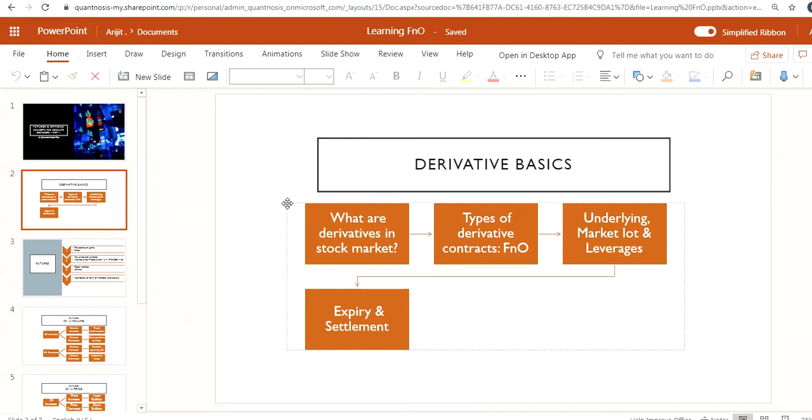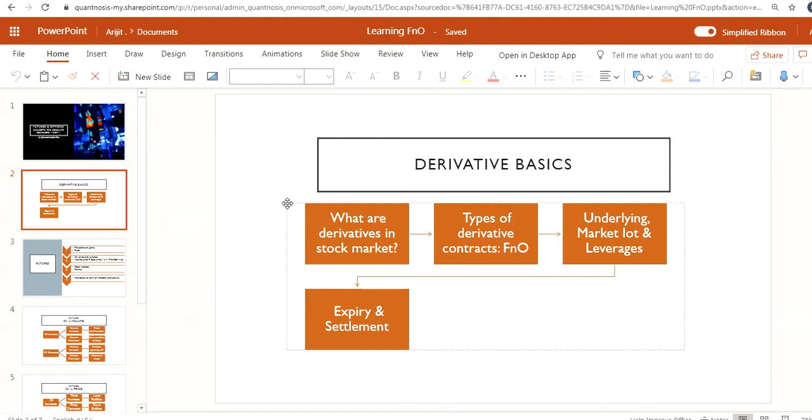It could be a stock, an index, a commodity, a currency, or even interest rates. The trading price of these instruments or contracts, which I am calling derivatives, is based on an agreement of buyers and sellers for a predefined price and time, and it is based on the underlying, that other stock or commodity.